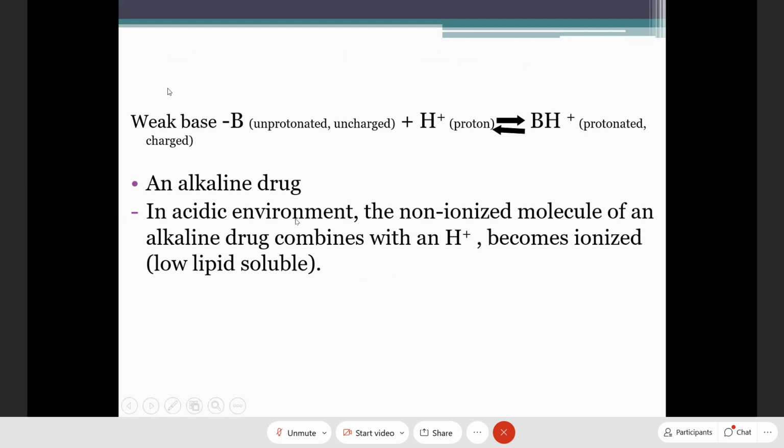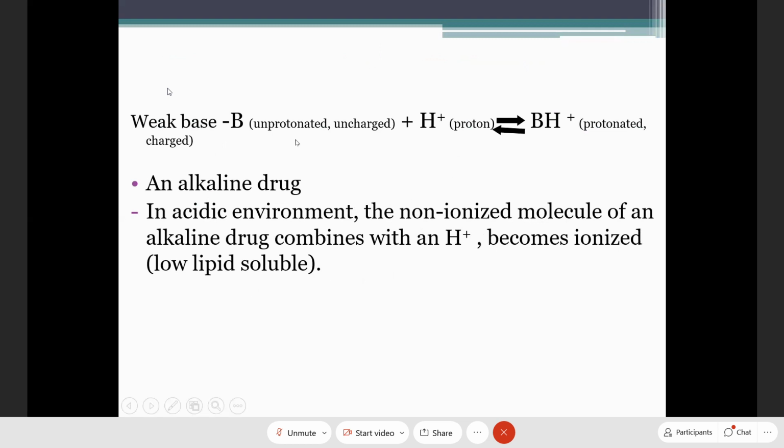So it's given in the acidic environment in the stomach. When it enters the stomach, the non-ionized molecule of the alkaline drug will combine with the H plus and become ionized.